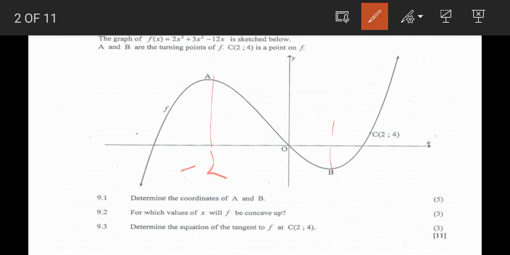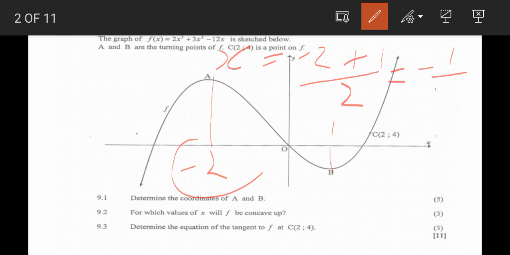They could have just got the midpoint of the x coordinates. So they could have just said negative 2 plus 1 divided by 2, meaning they're getting the midpoint of the x coordinates. So negative 2 plus 1 is going to give you negative 1 over 2.